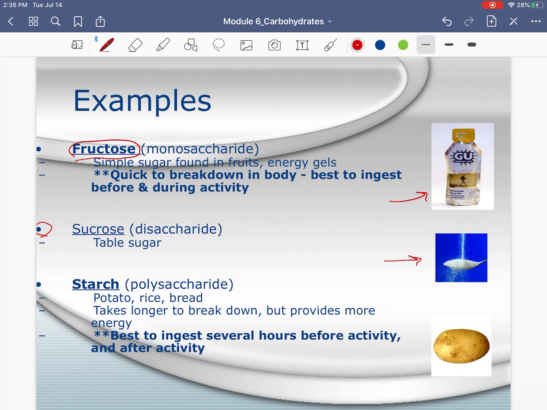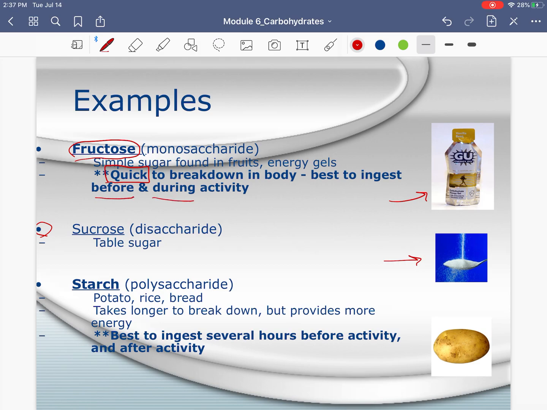So some things to point out: fructose is quick to break down because it's a monosaccharide. It's already in a simple form. And we can actually ingest this right before and during activity.